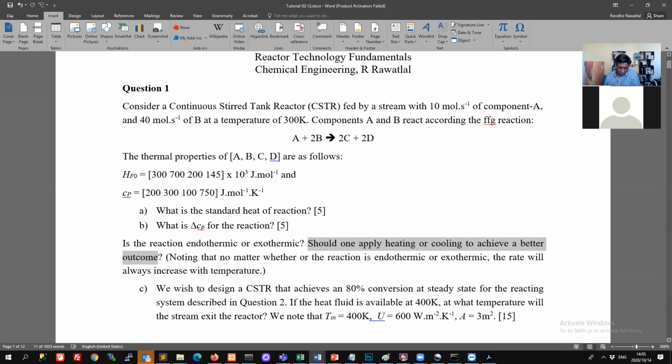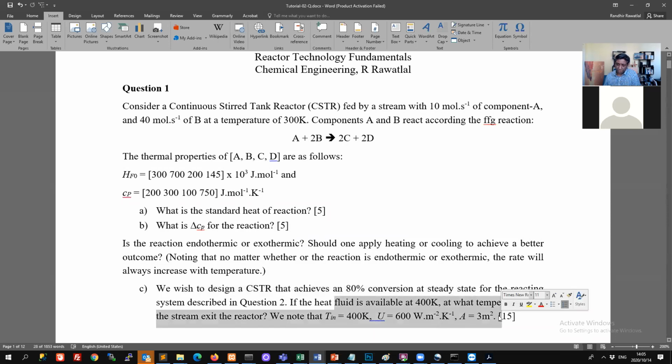And then we want to design a CSTR to give us 80% conversion. And we are given some specifics about the heat transfer around that CSTR. We looked before at a jacket. In the lecture videos, you'll see we discuss a jacket around the CSTR in some detail.